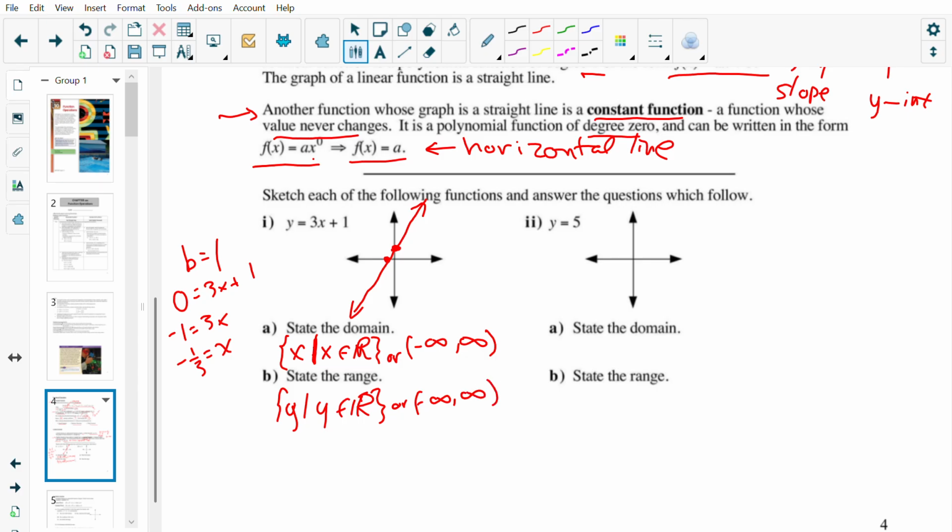Okay. Next one. This is a horizontal line, so y equals 5, so the y-intercept is 5. Okay, state the domain, using set builder notation: x such that x is an element of all reals.